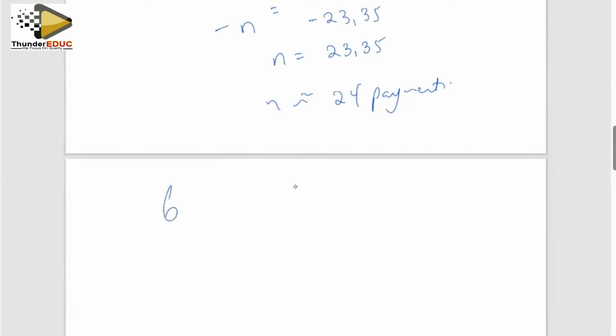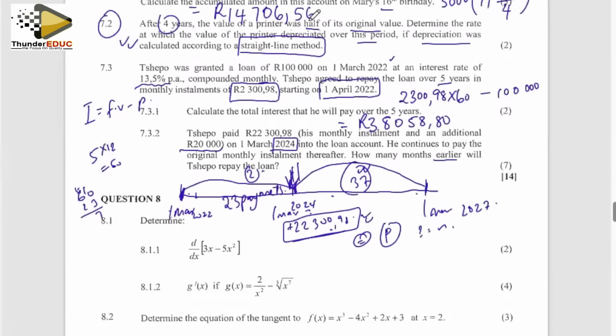Now, if we're looking at the 60 payments minus the 23 payments that were made, okay, and then I subtract also the 24 payments that must be made to clear that. I'm not going to include that other payment, because this was more like a lump sum, okay, that was made at once.